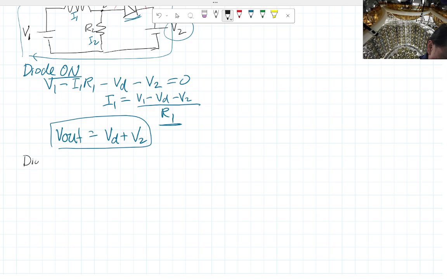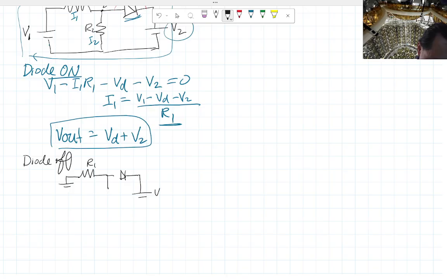So the diode off case, it's the same thing, but it actually simplifies a lot of stuff, because when the diode is off, what you can do is basically not connect the circuit to it. So somehow this gets disconnected.